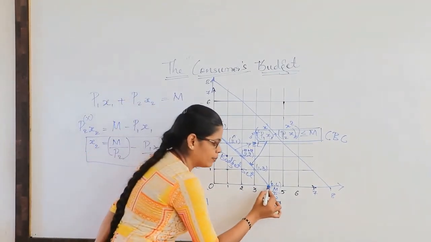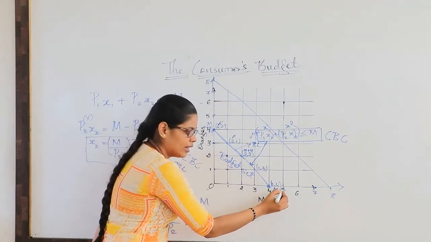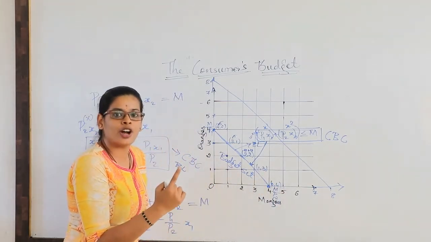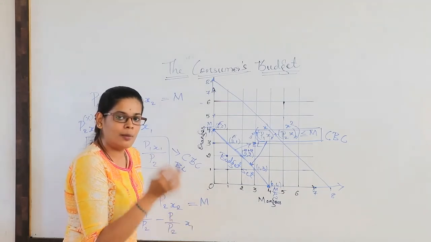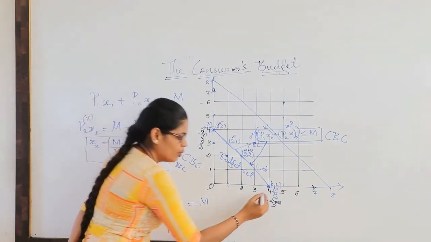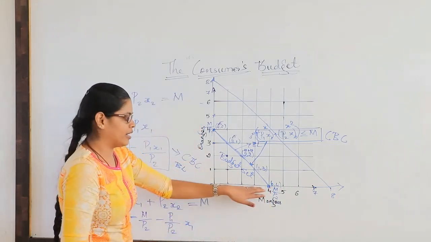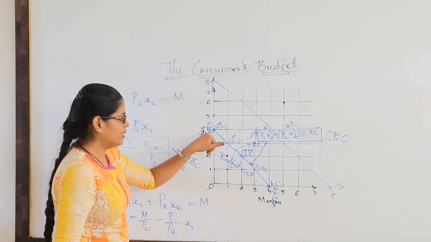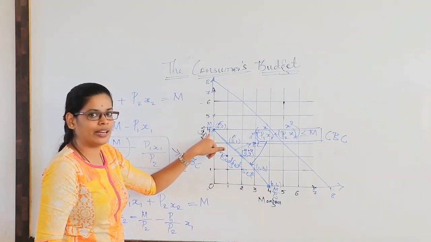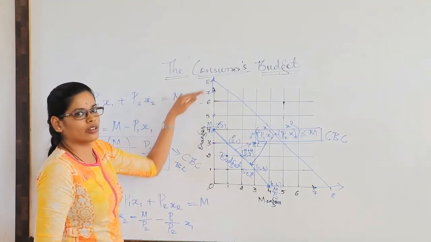He is not going beyond this. If he goes beyond this, an extra unit costs 5 more rupees, but his budget is just 20 rupees. So this is the maximum point a consumer can reach, and here is the maximum point he can reach to buy oranges. He cannot go beyond this.